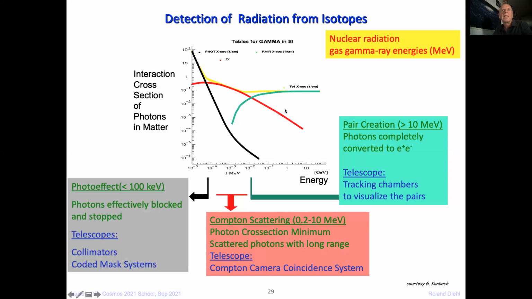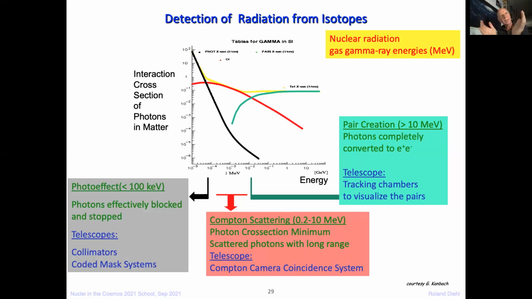So these are the basic principles of physics that goes on inside a detector. And I should also mention that for radiation up to X-rays, you can actually do light collection. So you capture light from a larger aperture and you focus that on your detector.